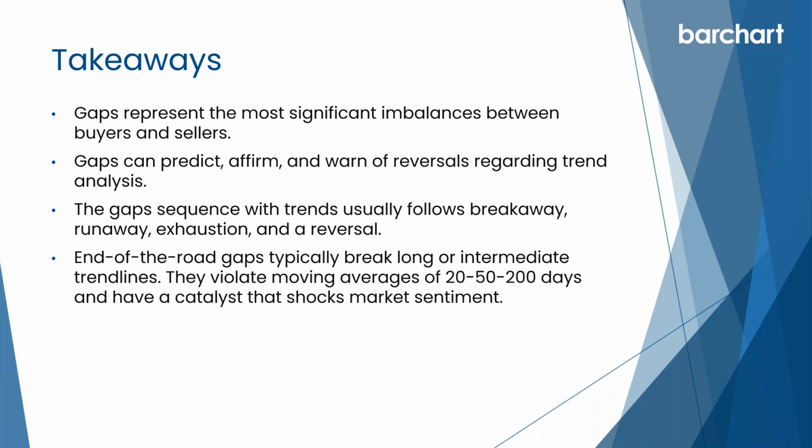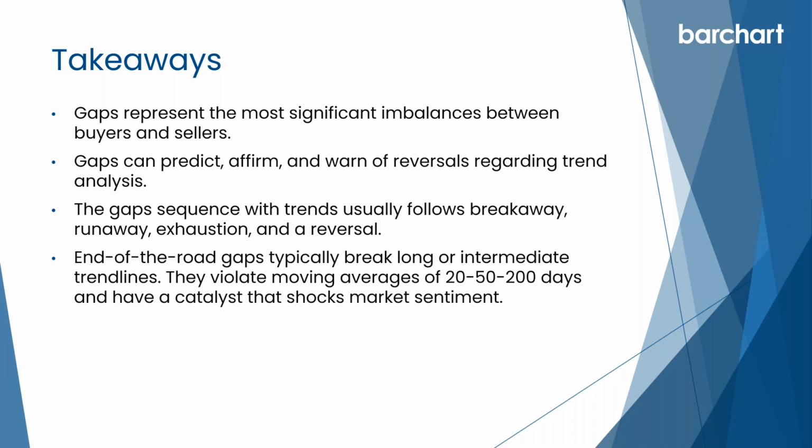They violate moving averages. I showed you the 20-day. I think that's a really good one to focus on. But I think there were a couple examples in today's slides where it broke below the 20 and 50. Maybe we'll go back there in a second. And again, what is the catalyst, right?